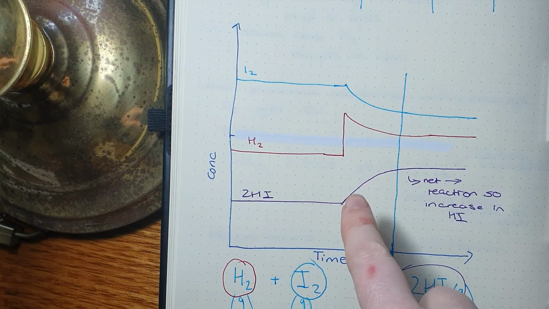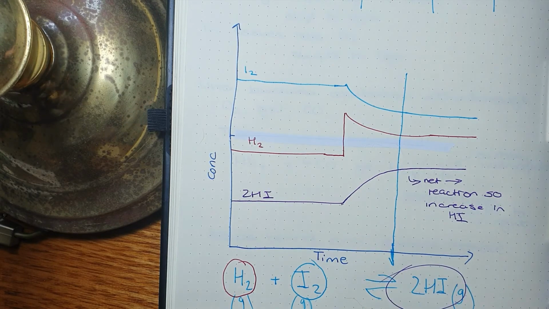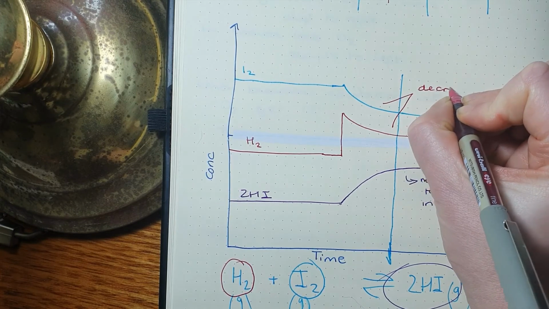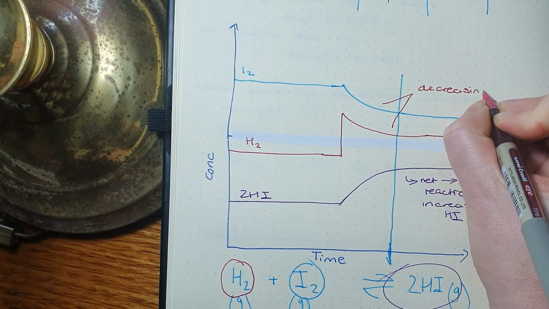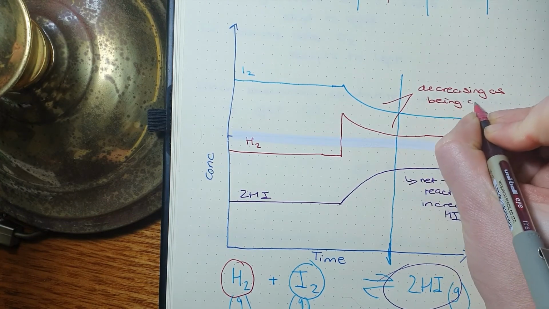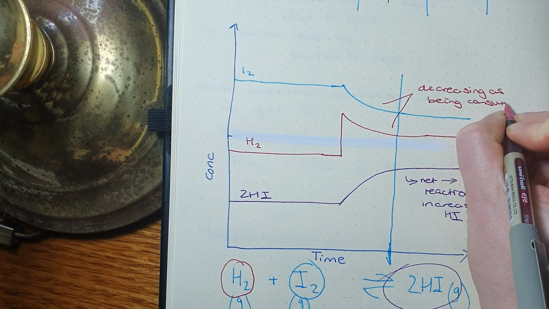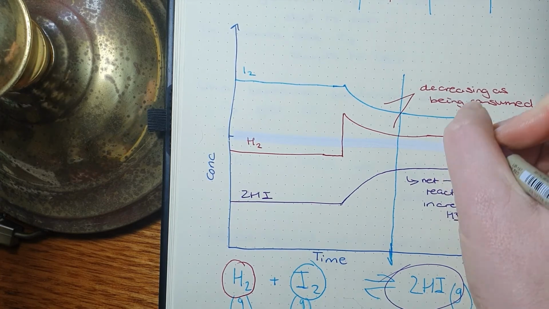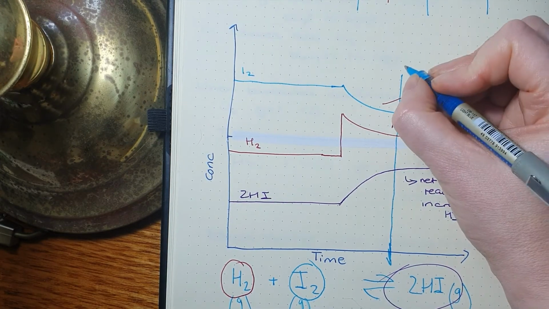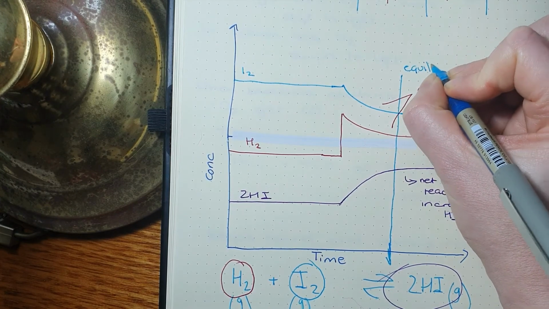What else do I need to have labelled on there? Oh. Well, these two are decreasing. Being consumed. I don't have to talk when I write, but it helps. That line here is my equilibrium.